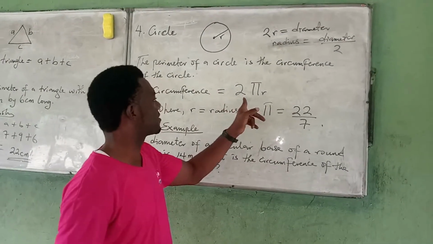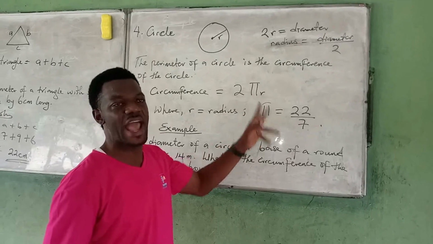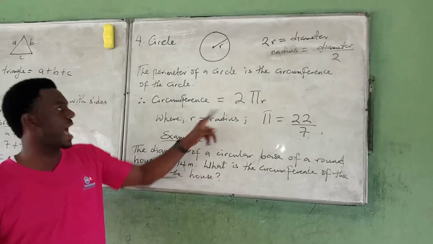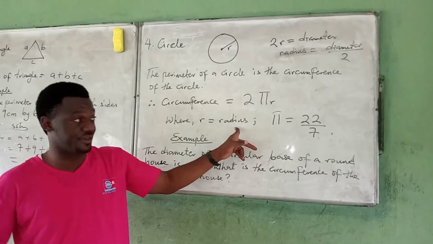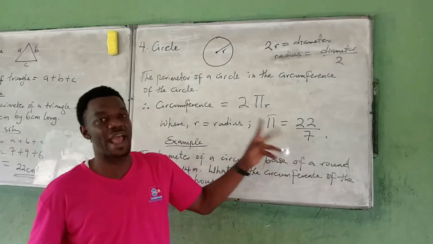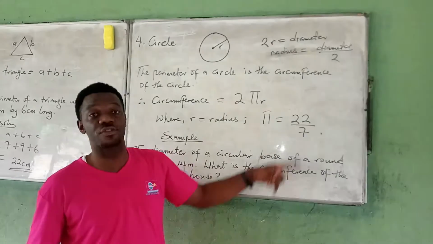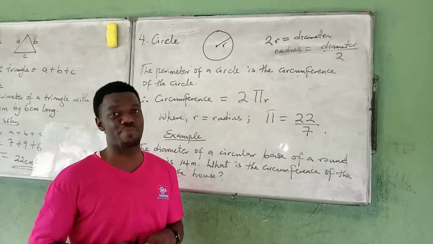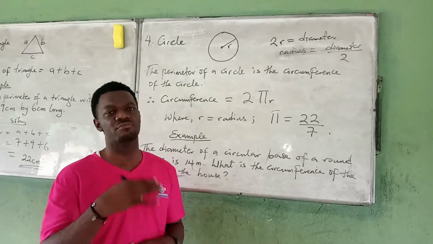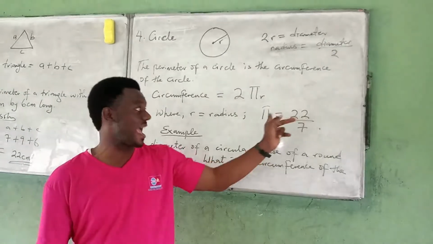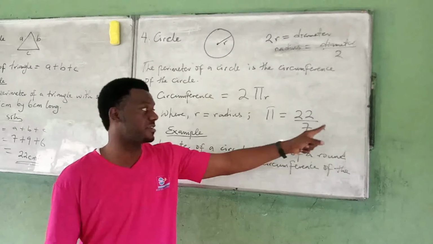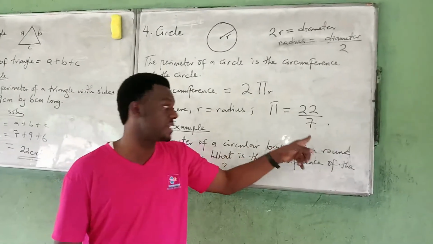So the circumference is 2 pi r, where r is the radius. So r stands for the radius, and pi has a value. Pi is 22/7. So wherever you see pi in mathematics, both in junior secondary and senior secondary, pi is a Greek alphabet. The value of pi is 22/7.